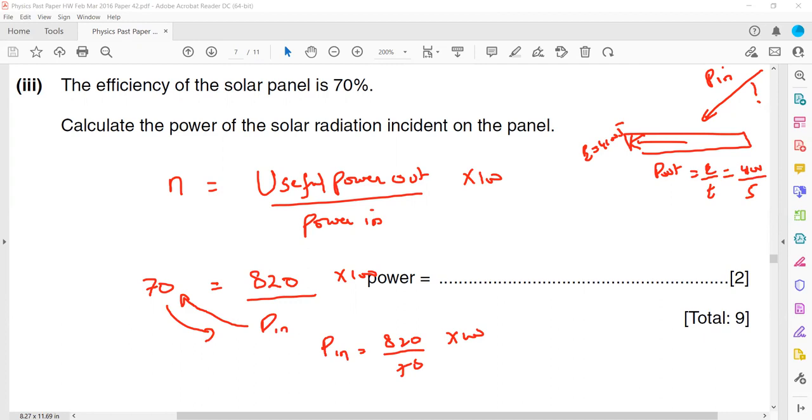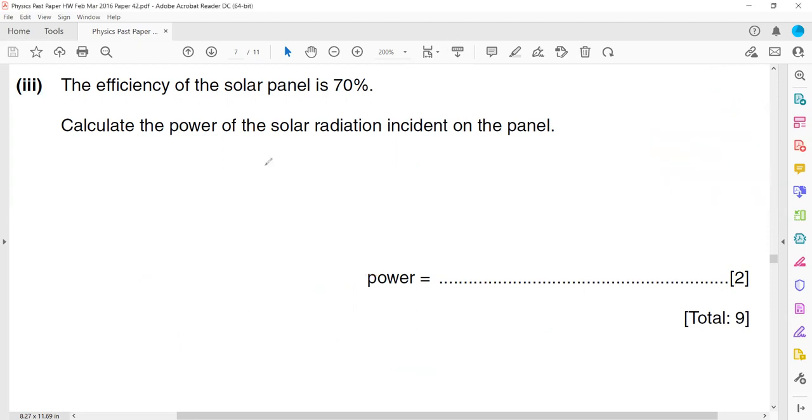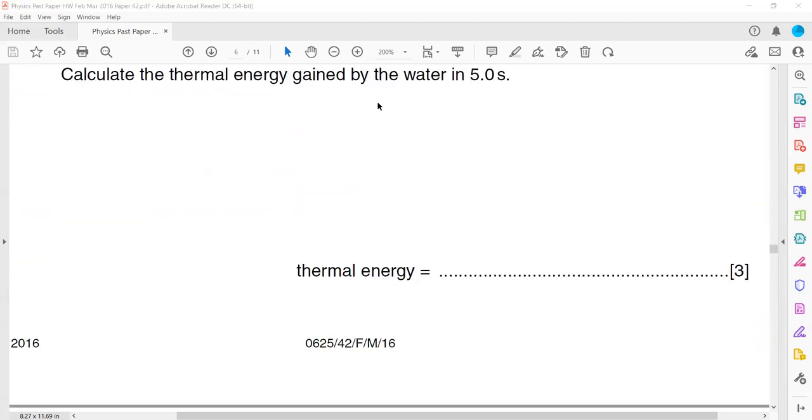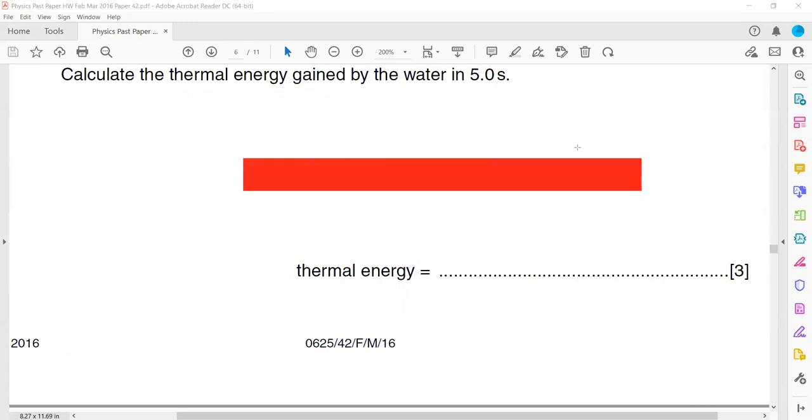Yes, Mina? Sir, I'm confused. From where do we bring 820? As you can see in the previous part, the thermal energy which it is absorbing, because there are copper pipes, so power is coming from the sun, that is the input power, and the water becomes hot. How does the water become hot?